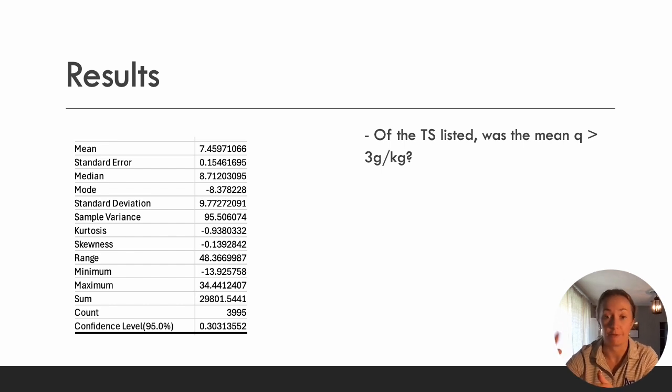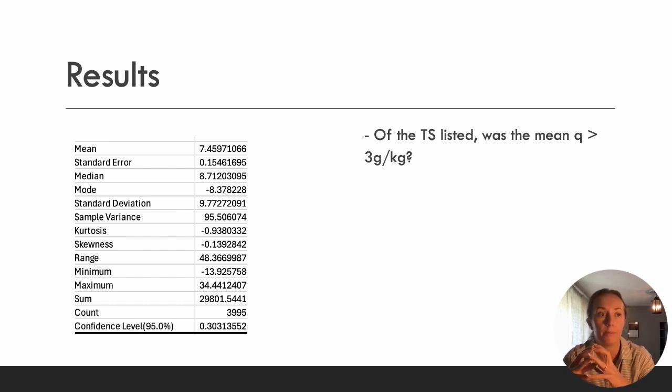And by that I mean the difference between Lubbock and Clovis. And we find that it is. There's a mean of like 7.5 grams per kilogram. However, the standard deviation is pretty high. It sits around 10. And we see there's a minimum of -14, a maximum of about 35.